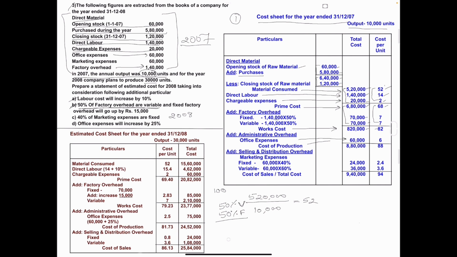Per unit 60,000 divided by 10,000, rupees 6. Add these two. 8,20,000 plus 60,000, total 8,80,000. Here 82 plus 6, 88. This is called cost of production.